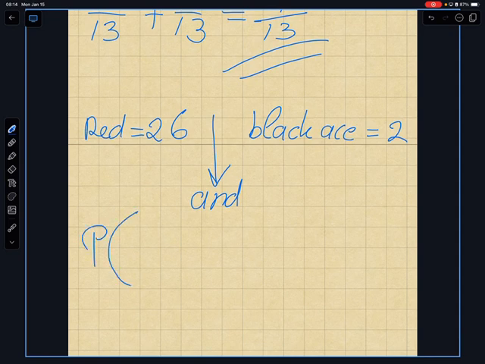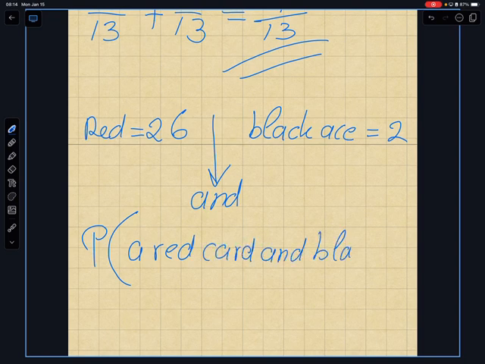So the probability of a red card and a black ace equals multiplied by.